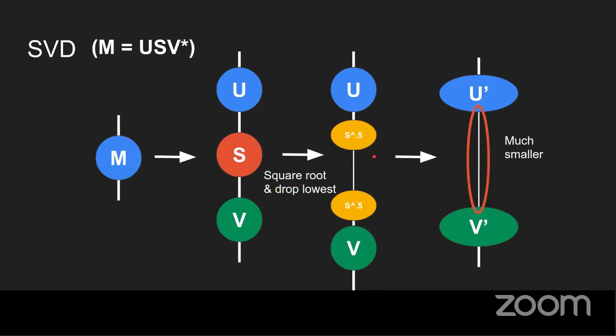But let's say we only keep the top 10 singular values when we do this low rank approximation. After we do that, the total number of parameters in our original M is going to be 1,000 by 1,000, which is 1,000,000 parameters. However, if we only keep the top 10 singular values on this dimension, this is going to be 1,000 times 10, which is 10,000, plus 1,000 times 10, which is 10,000. So then this would only be 20,000 parameters. That would be a 50x reduction in the number of parameters of our original operator, just by having it be a low rank representation.